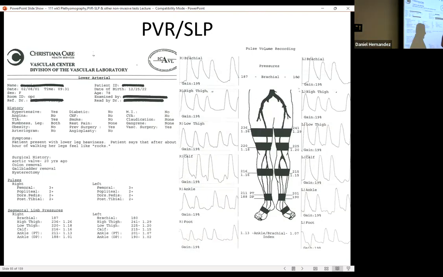So we calculate the 2 pressures, 211 and 188. Just take the PT. When they calculated this pressure, they used the higher of the 2 brachial, 187. So 211 divided by 187. Correct. That's an easy equation.